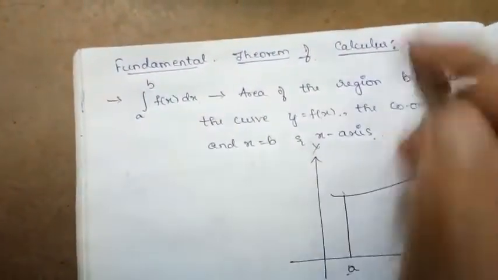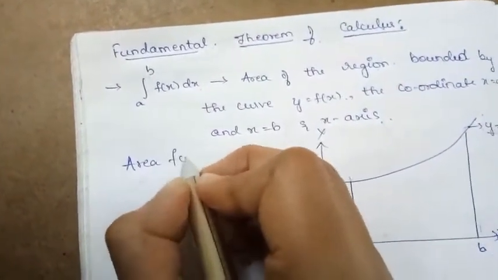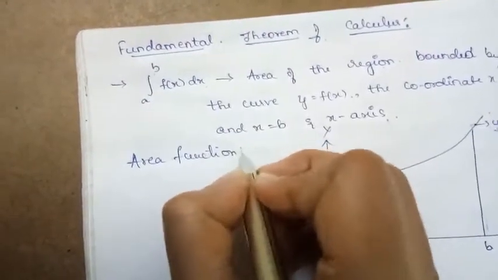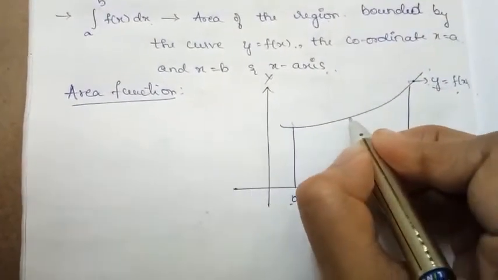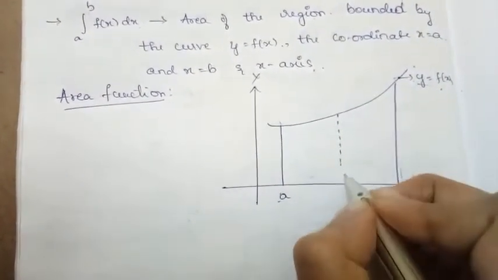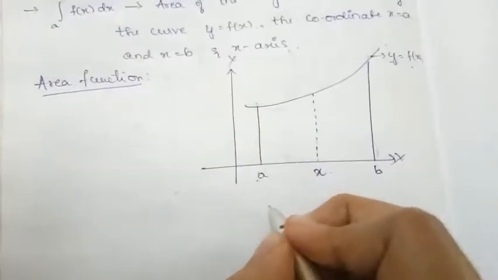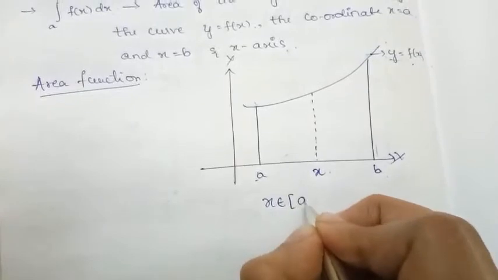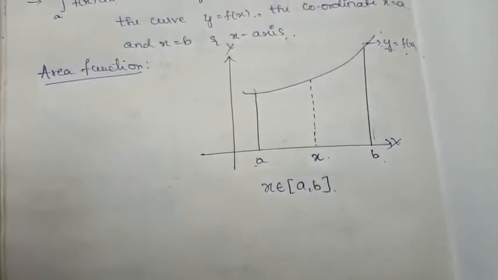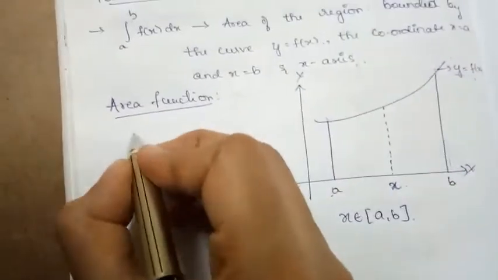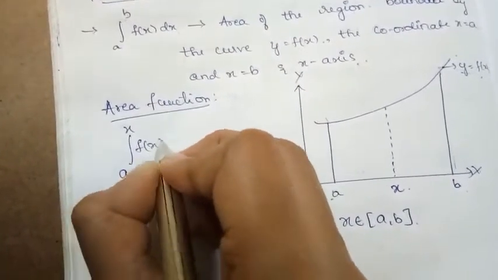Before going to the fundamental theorem of calculus, let us understand what this area function is saying. Within the interval a to b, suppose I consider a value, say x, which clearly belongs to the closed interval a to b, lying between a and b. Now what is the integral from a to x of f of x dx?